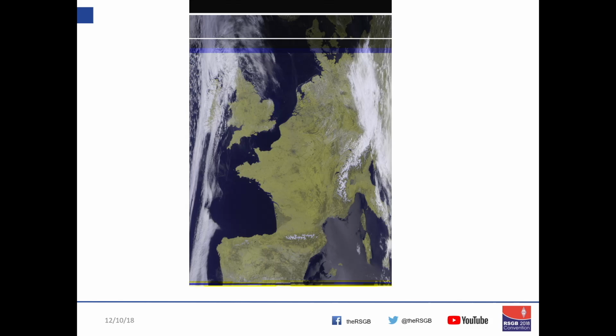This one is from Meteor M2, or M2.2 I should say, before that one broke. Again, you can clearly identify the UK and Europe. This one, you will see a couple of bars at the top.